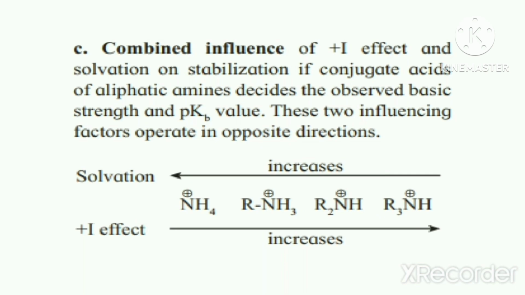These two influencing factors operate in opposite directions. See this, solvation increases from right to left and positive inductive effect increases from left to right, from ammonium NH4 to R3NH, that is tertiary amines.